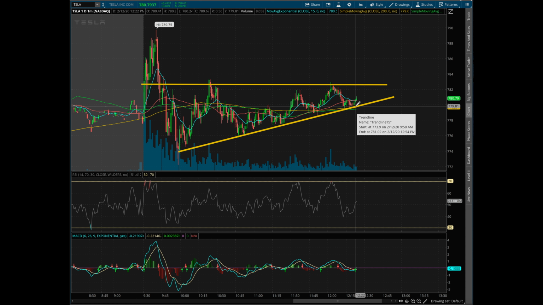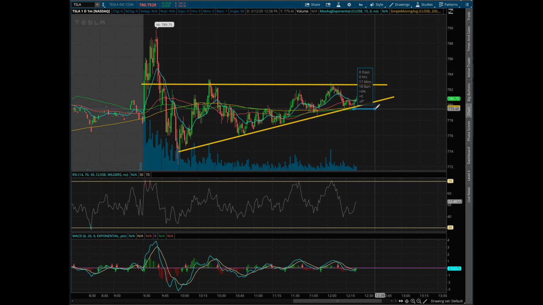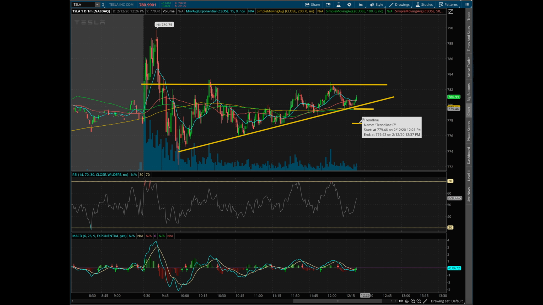What I would do is set a stop loss below the previous support bounce. So I would purchase right here at 779 and I would set a stop loss just in case, I usually set a little lower just in case you get stopped out. That's the worst. And then it bounces. So I would buy here. I would set my stop loss here, and then I would probably start taking profits up around this 790 area.